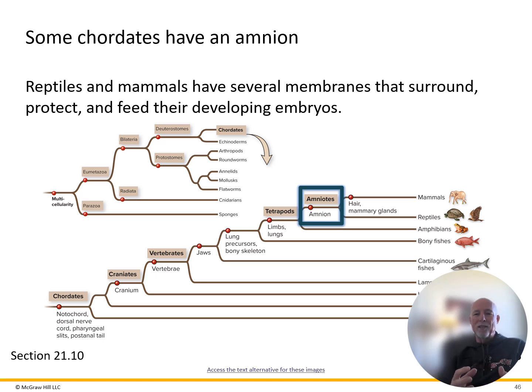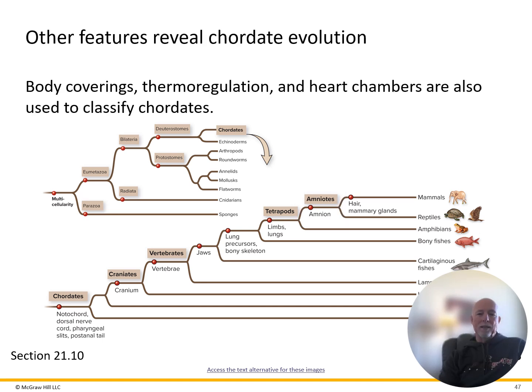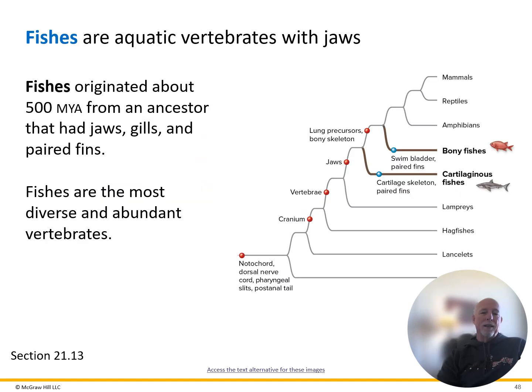Sometimes it's developed inside an amniotic sac, like inside humans or other mammals. Some of them have body covering for thermal regulation. We have hair, birds have feathers, and multiple heart chambers. These are all ways that we classify the vertebrates.